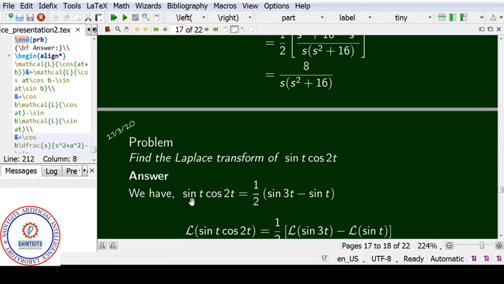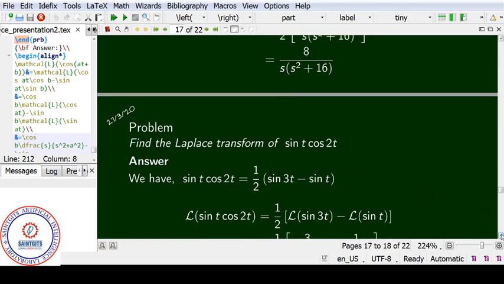We know that 2 sin a cos b equals sin of a plus b plus sin of a minus b. Here there is no 2, so I take a 1 by 2 here. Then t plus 2t is 3t, sin 3t, plus sin of t minus 2t. T minus 2t is minus t. Sin of minus t is minus sin t. That is why there is this minus here.